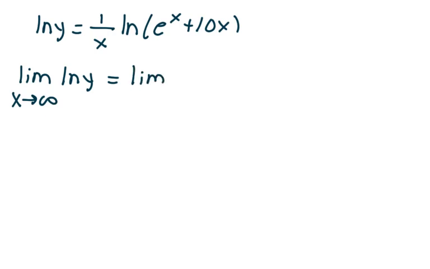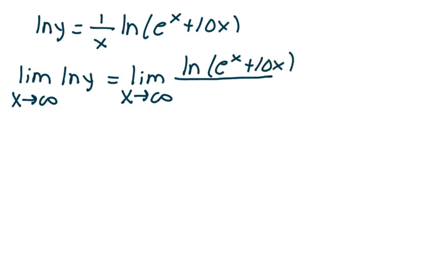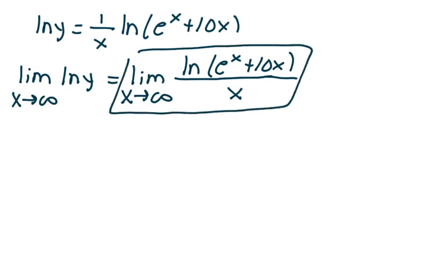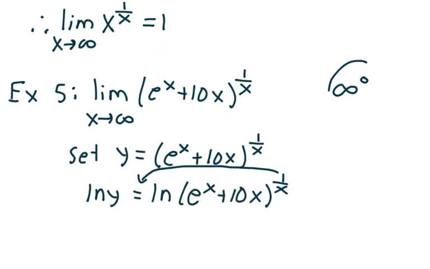But that's the limit as x goes to infinity, and if you don't mind, I'm going to write this as natural log of e to the x plus 10x divided by x. Now, this limit that I'm putting a sort of rectangle, looks more like a parallelogram, around, this limit has the form infinity over infinity. Then that's perfect, because now I can apply L'Hopital's rule. I can't apply L'Hopital's rule on infinity to the 0. That doesn't make any sense.